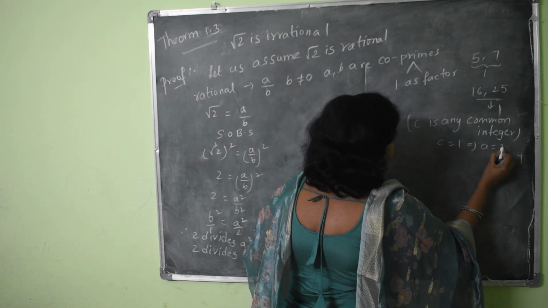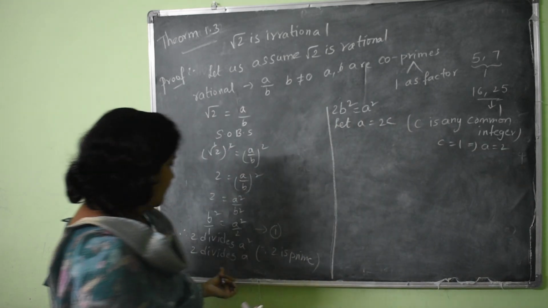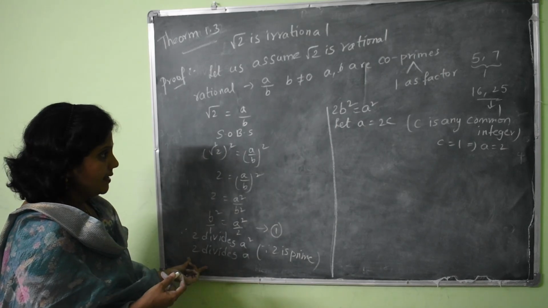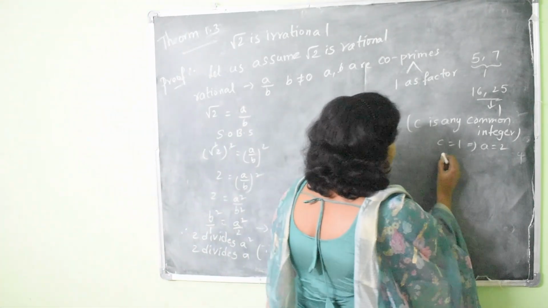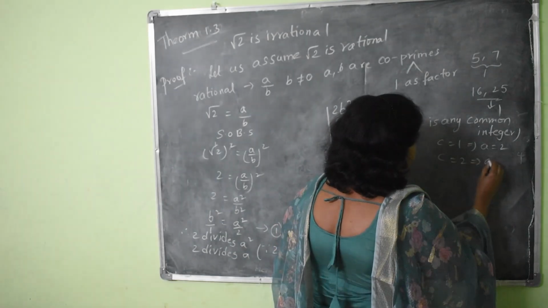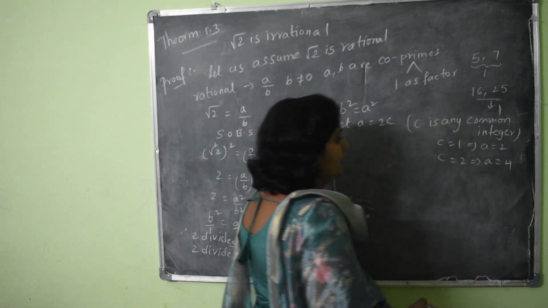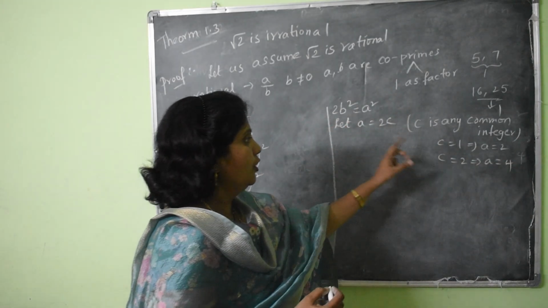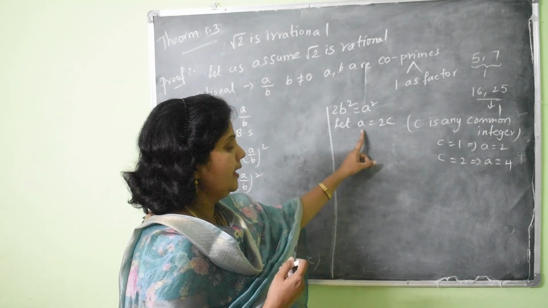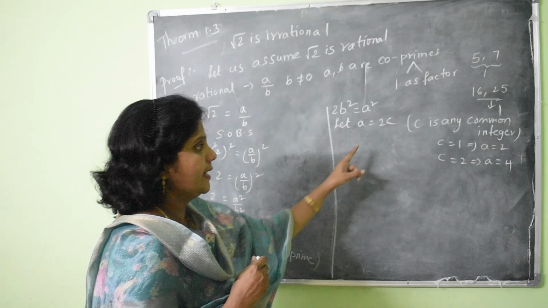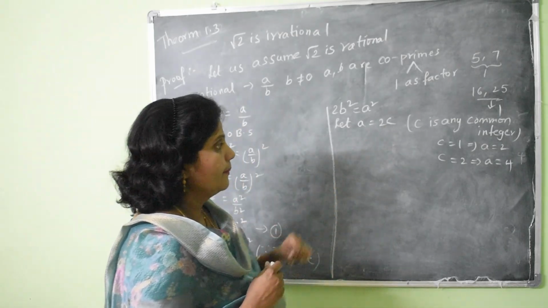A will become 2, so what we got here is the same: 2 divides A. And if we take C value as 2, then A is equal to 4. For 4, 2 is one of the factors of 4. For that reason only I am taking A equal to 2C, where C is any integer.